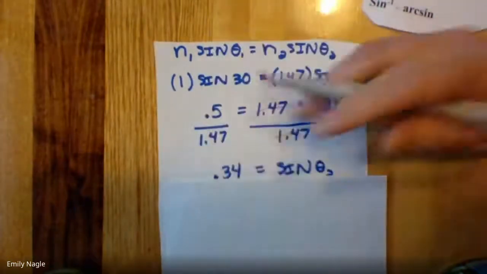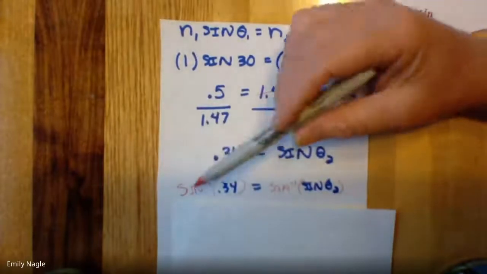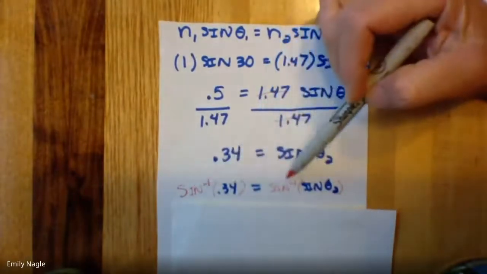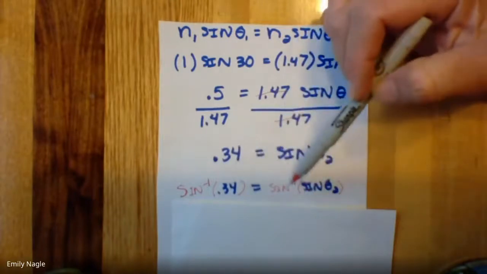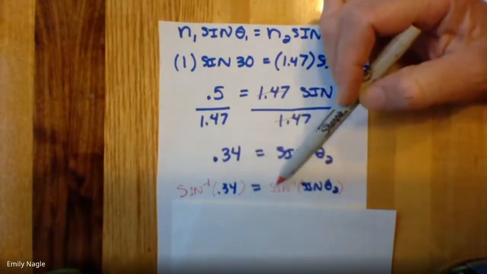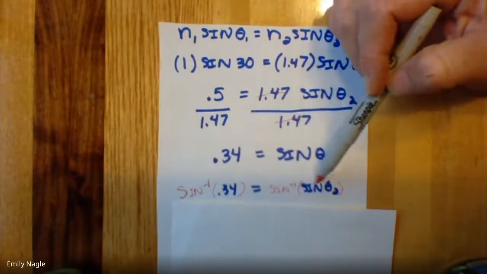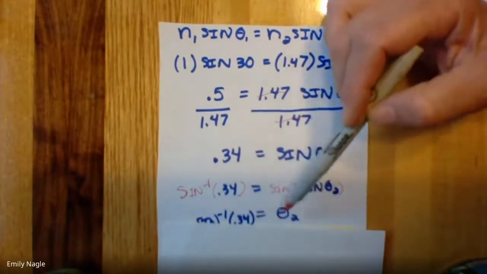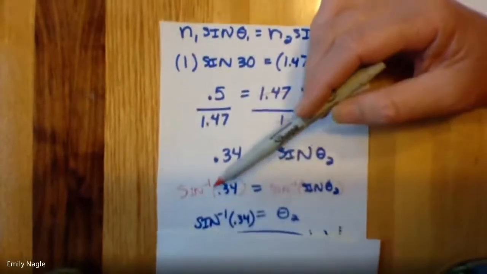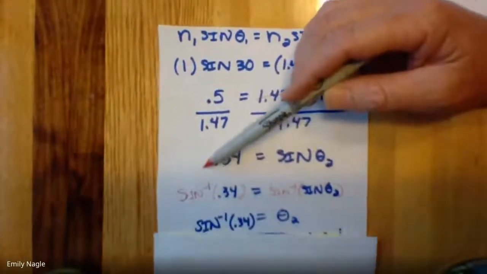What I do is I put inverse sine on both sides of the equation. Most people skip this step, but I just wanted to be clear. The arc sine or the inverse sine of sine theta is theta. So all this equals that number. Then you plug this number into your calculator.